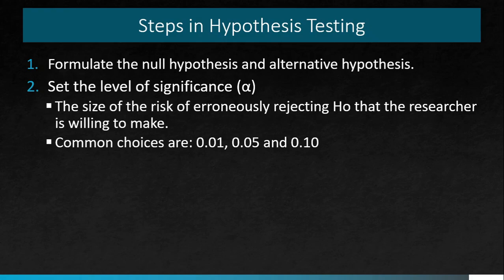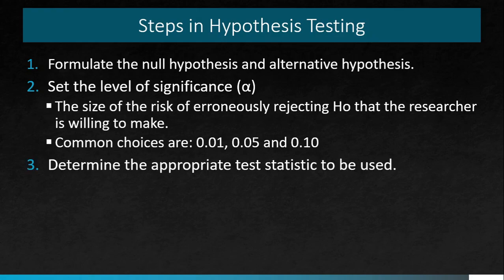In terms of application, normally we use a 1% level of significance for the medical field. For example, if you are testing a vaccine, as much as possible you need to have a low margin of error. That's why your level of significance will be lower, for you to have a higher confidence level.